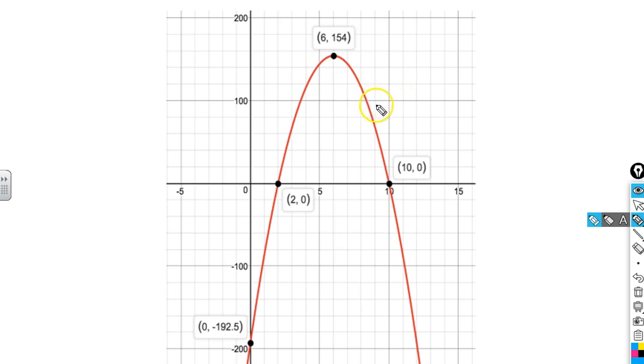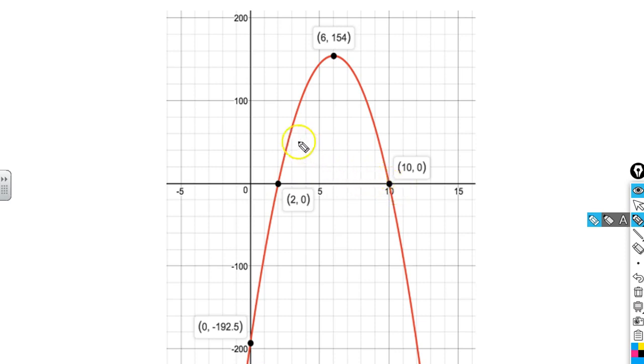Now keep in mind that because this is symmetrical, there are actually 2 price points where the company will make the same profit, all except for the vertex, of course. And so just as we saw with the x-intercepts, if they charge $2 per hat or $10 per hat, they're going to make 0 profit.